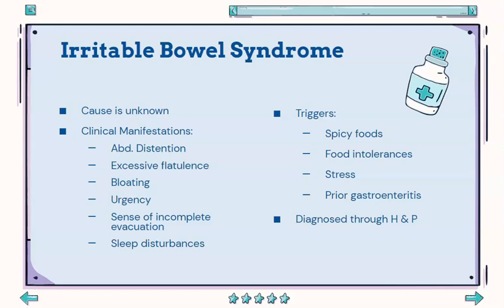Again, I talk about trigger foods, and patients with IBS, over the course of their lifetime in dealing with this disease process, are going to know foods that are more offending and foods that are, quote, safe for them. And some of your trigger foods can be spicy foods.